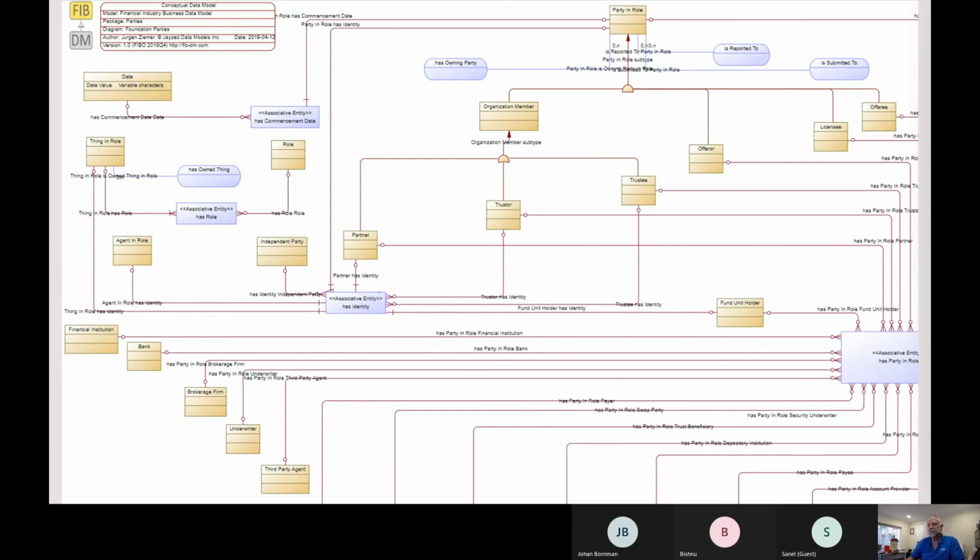Like in a product bill of materials, where they define an attribute as a type, which reduces the number of relationships and the way you put it together. But it's always a problem, this rolling up and down.